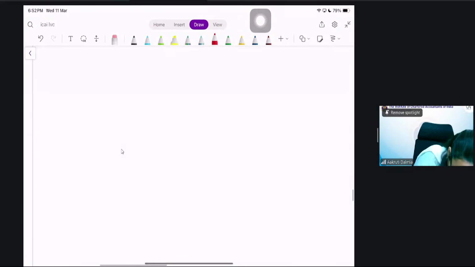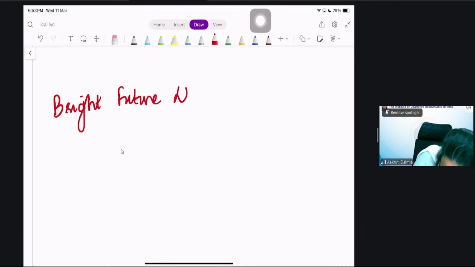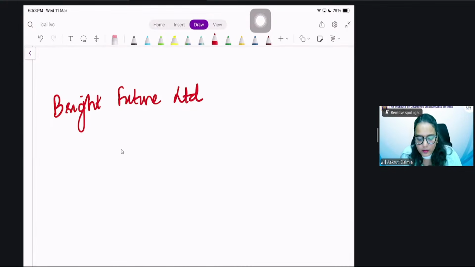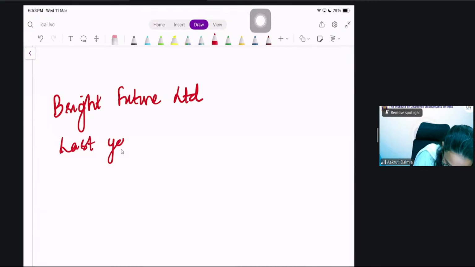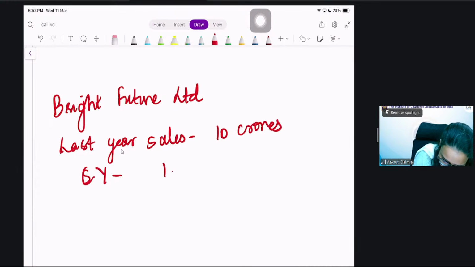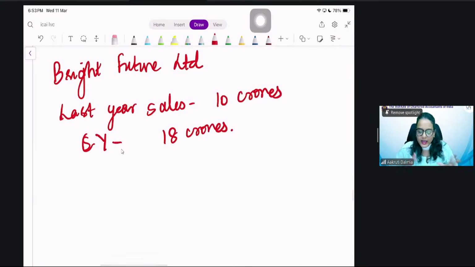So you are still auditing Bright Future Limited. Okay? And you notice that last year sales was 10 crores, and this year, current year, it is 18 crores. But as usual, the size, the number of employees, production capacity, they all are looking the same.